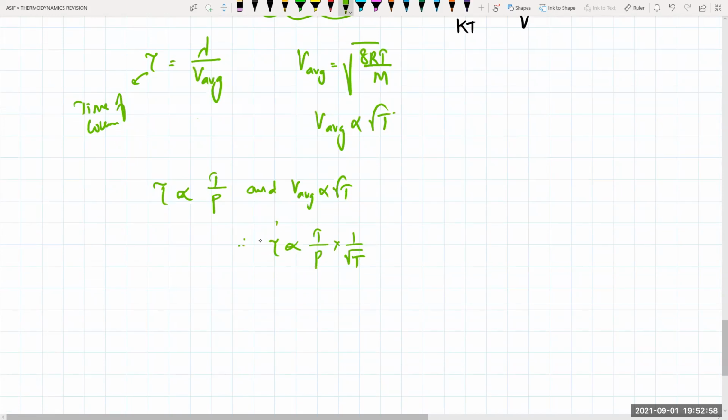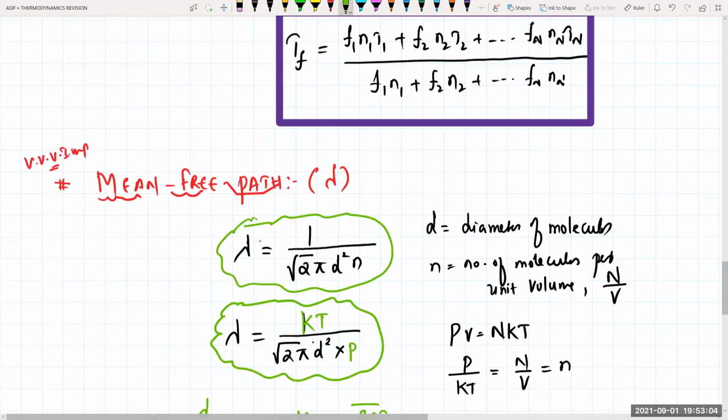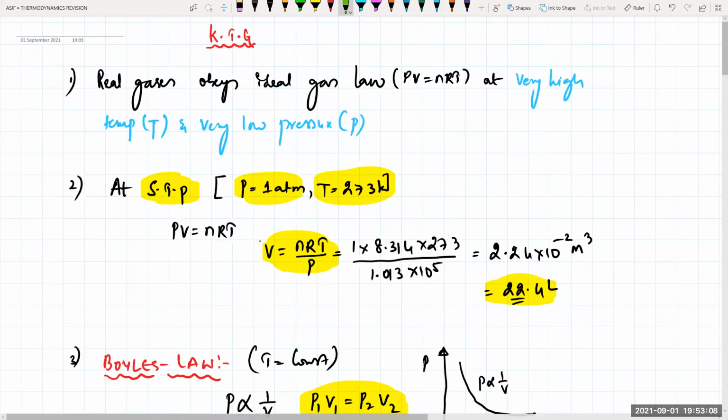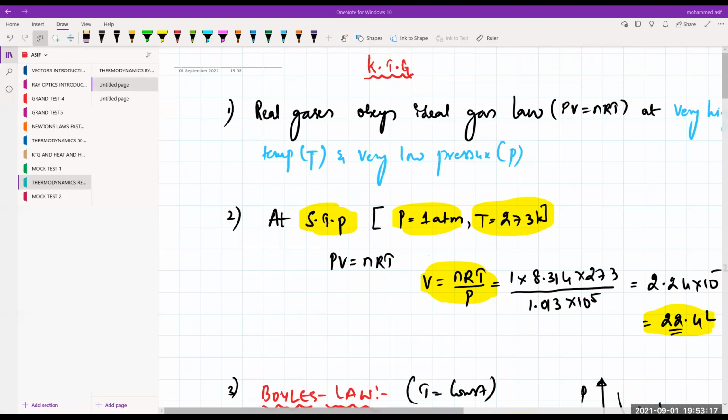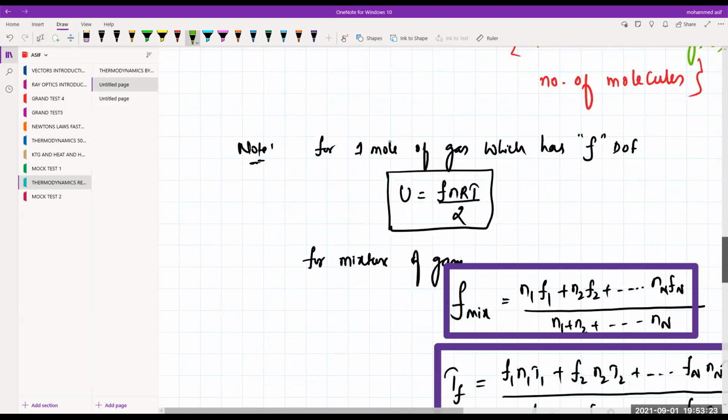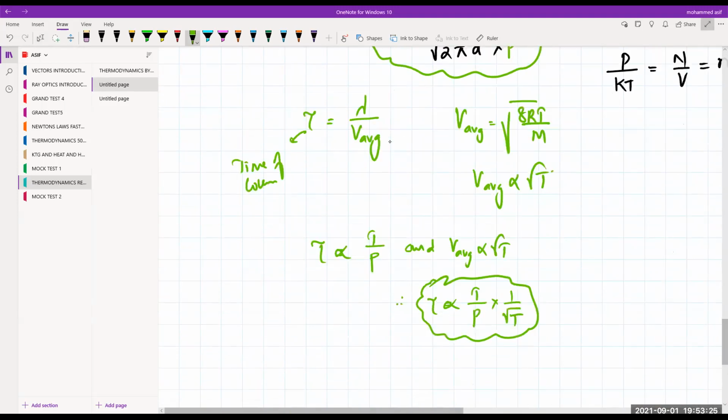Clear? So be a little careful about the different forms in which we are writing this. This is very important. This is the knowledge you need to remember for doing KTG problems. Any doubt in this? Very important. I have covered everything; you just need to revise it many times, keeping time in consideration.